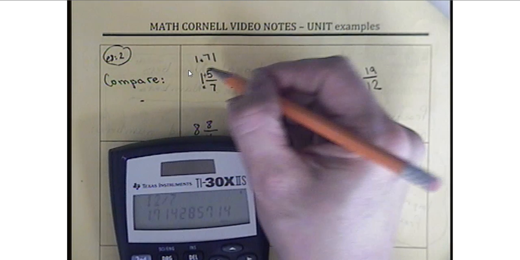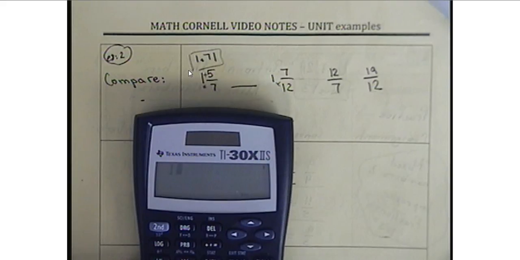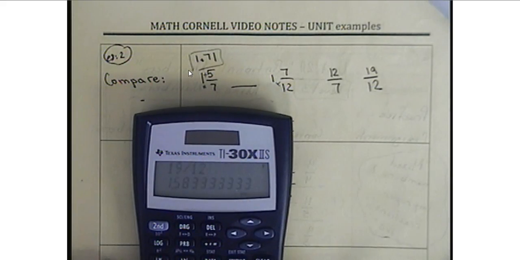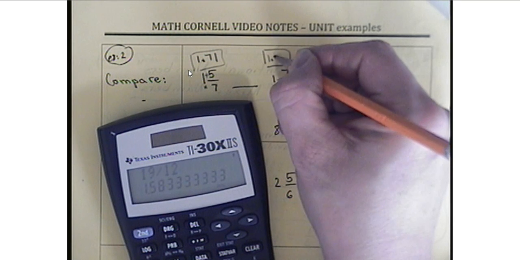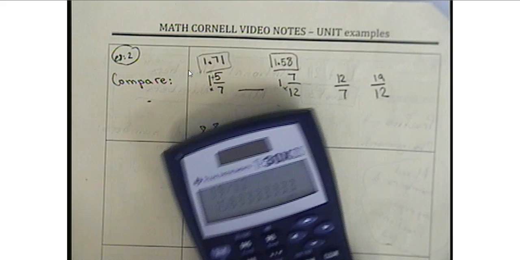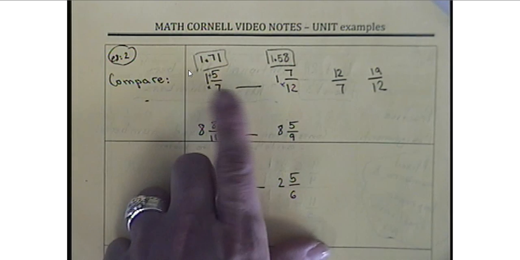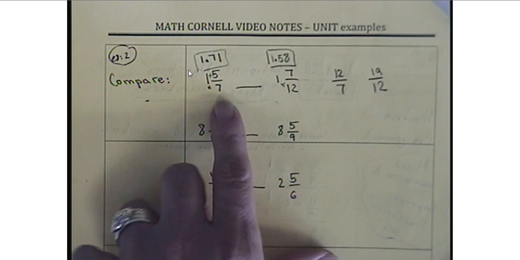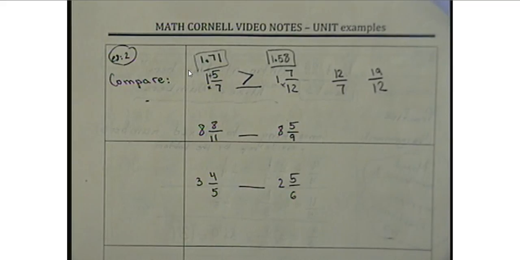Okay, so we have this number, and then the next one is 19 divided by 12. So this is approximately 1.58. So if you look at those two, 1.71 and 1.58, which one is greater? Well, the left side is greater than the right side.